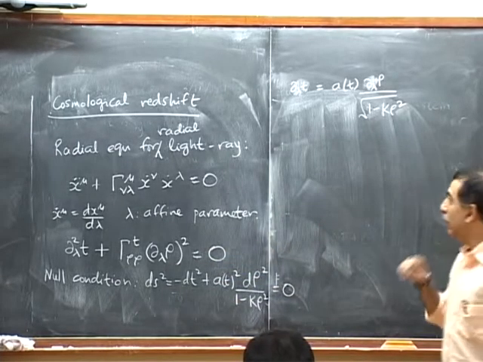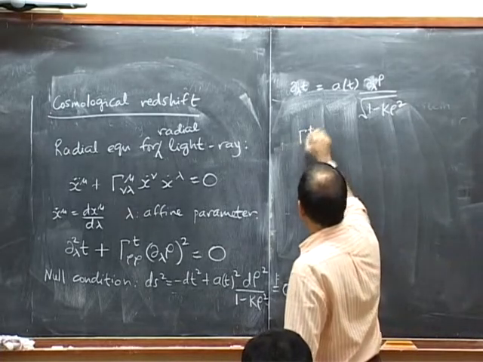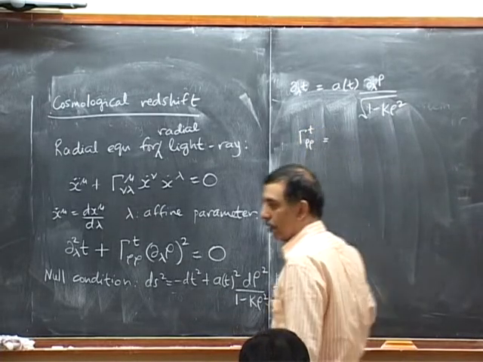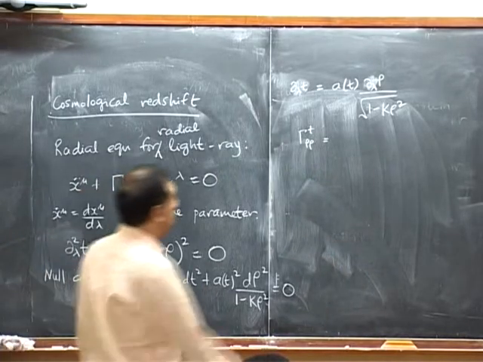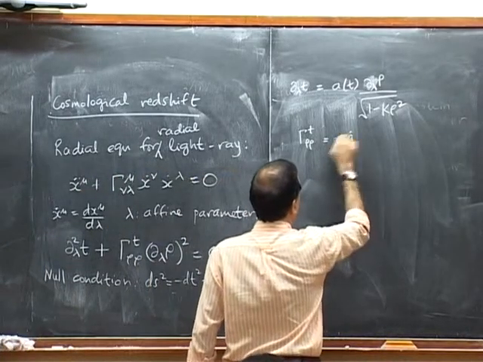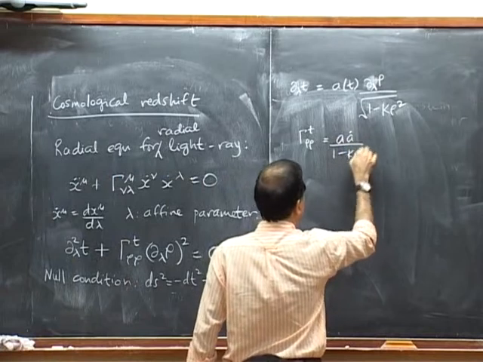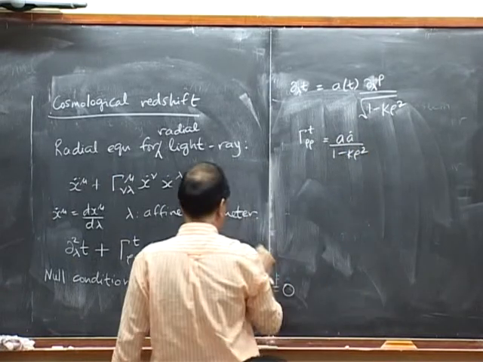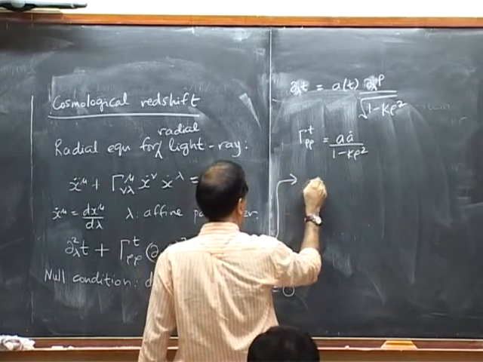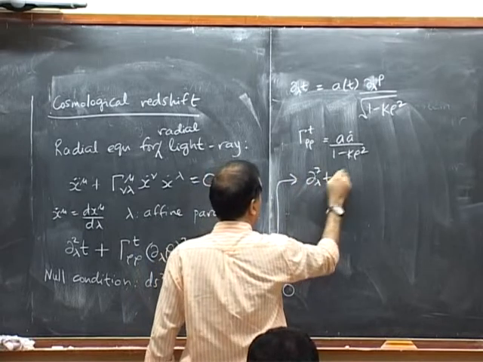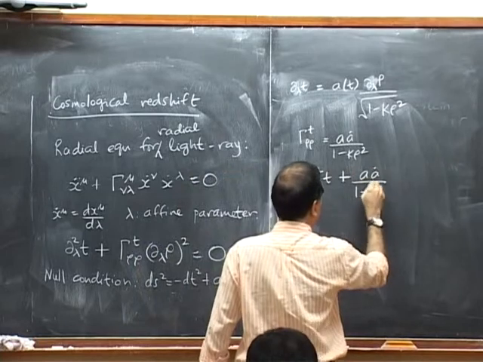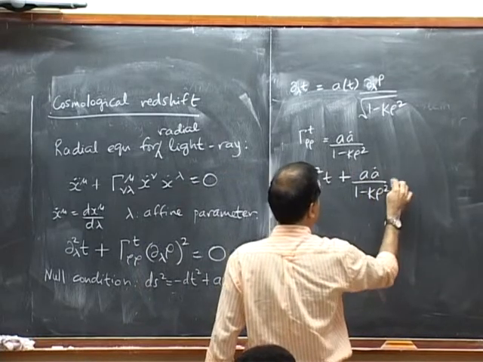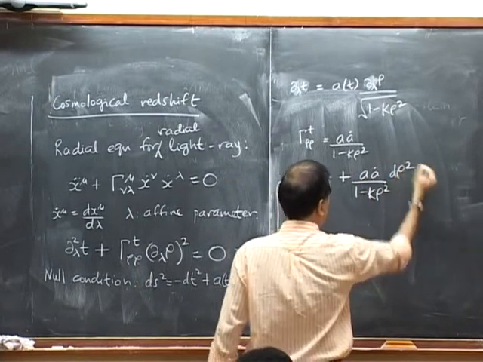Moreover, I need to remember what is gamma t rho rho. So this, if I remember right, was a dot upon 1 minus k rho squared. Therefore, I can rewrite this equation as del lambda squared of t plus a dot upon 1 minus k rho squared times d rho squared.